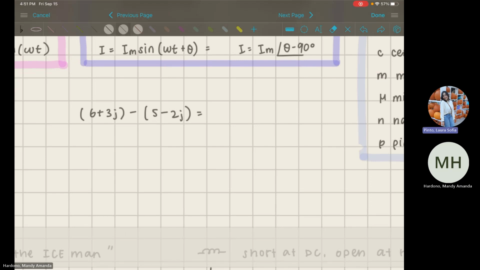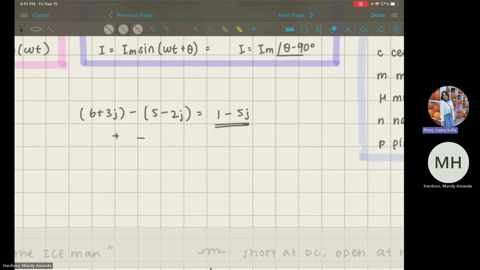So what should the answer be for this operation? 1 minus 5j. 1 minus 5j. So with these rectangular forms, addition and subtraction work really well when you have them in this form.